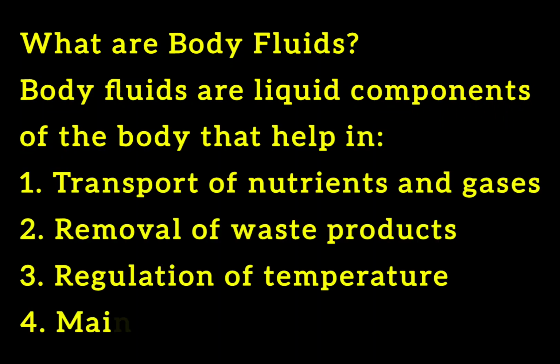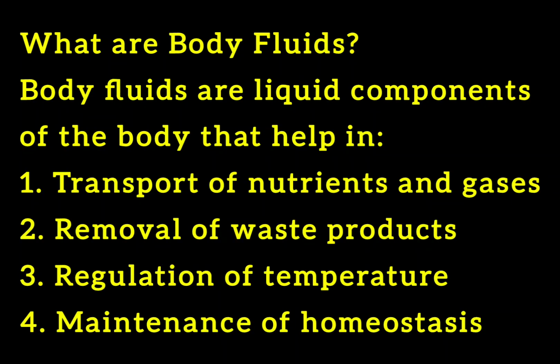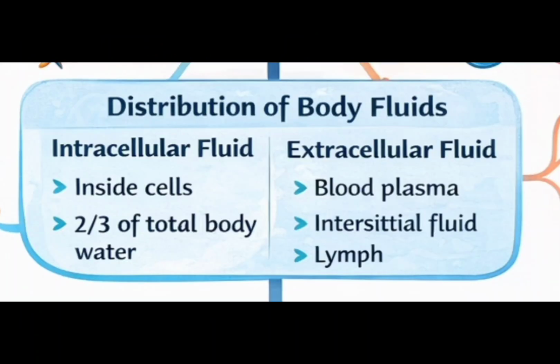Let's know what body fluids are. Those are the liquid components of the body that help in transport of nutrients and gases, removal of waste products, regulation of temperature, and maintenance of homeostasis. We have also studied this in the function of the blood. Next, we are going to discuss the distribution of the body fluids.